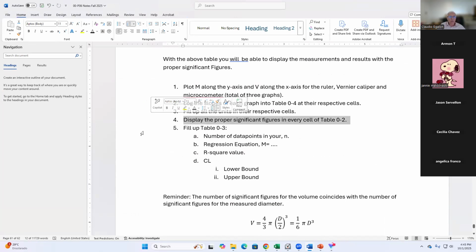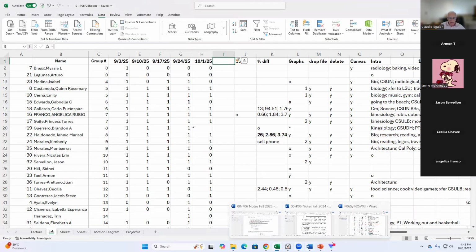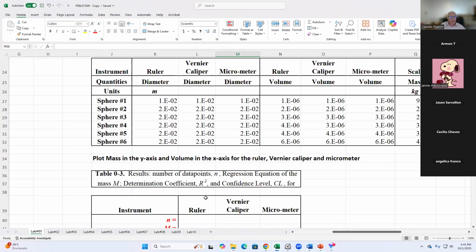Next, you have to display the proper number of significant figures, right? That's what you have to do next. So once you finish the units, make sure you start displaying the right number of significant figures here, here, and here.